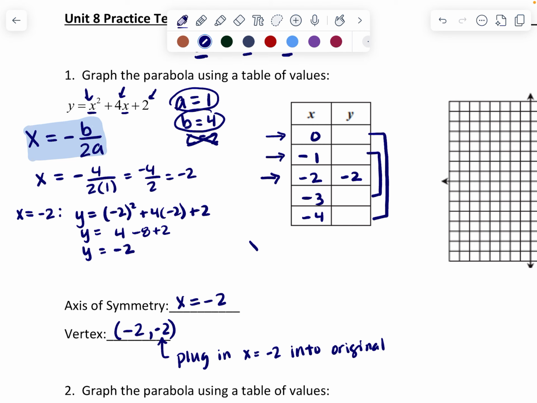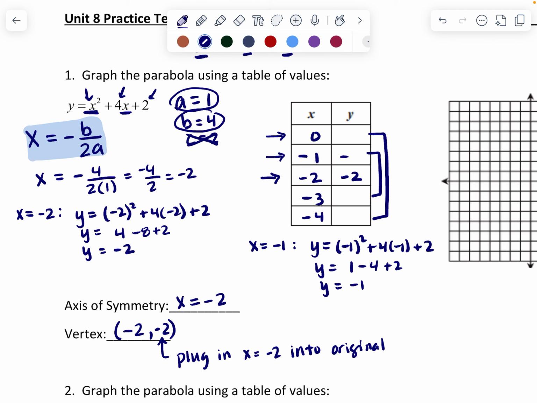So when I plug in x equals negative 1, again, I'm replacing these x values here with negative 1. So I'm going to get y equals negative 1 squared plus 4 times negative 1 plus 2. So that gives me y equals 1 minus 4 plus 2, which is negative 3 plus 2, which is negative 1.